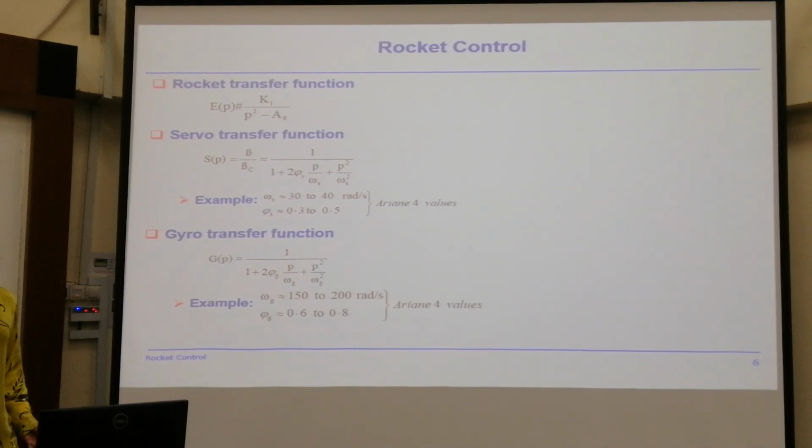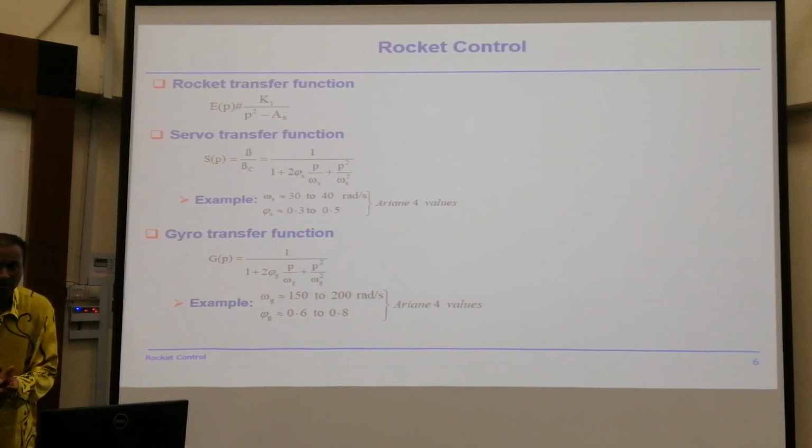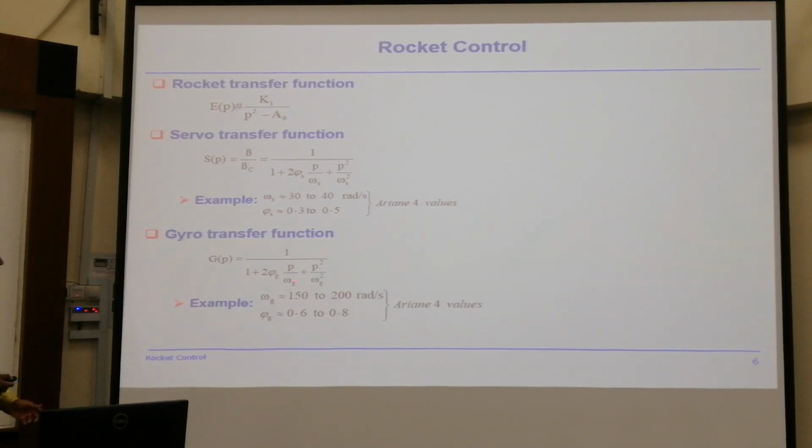Another thing: in order for you to control, obviously you need to sense, right? Like a gyro, like in aircraft. The gyro would also have its model. So what is the model? Again, it is also a second order system. If you look at the frequency, it is 150 to 200. Now look at the damping ratio.